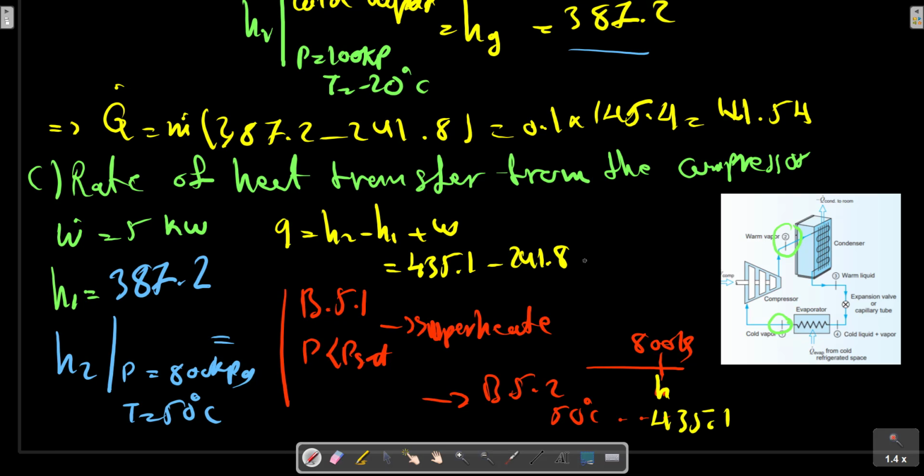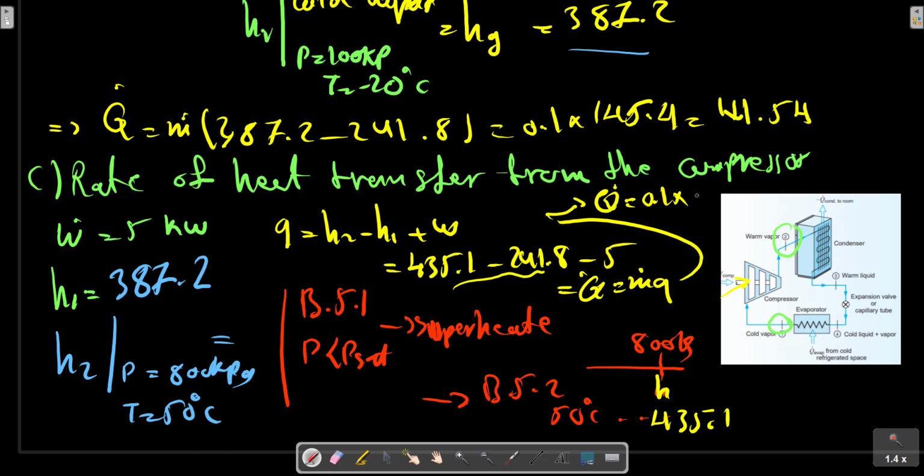This is the input W and it is negative in the relation. So Q dot can be calculated. M dot is 1/10 multiplied by this quantity, which is minus. Q dot is kilowatt.